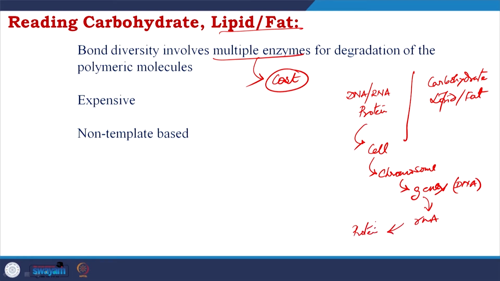So, what I mean is, all the DNA, RNA and protein have a pre-made template, but in the case of carbohydrate, lipid, fat, you do not have any template.